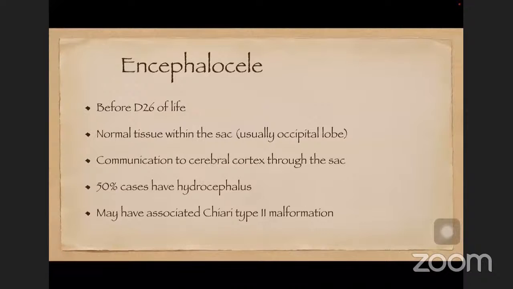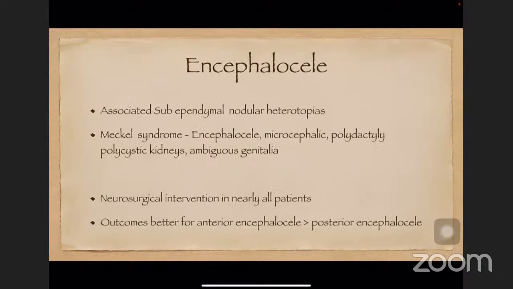Normal tissue, usually the occipital lobe, is present within the sac. There is communication to the cerebral cortex through the sac of whatever rudimentary tissue is there. And 50% of the cases have hydrocephalus. This anomaly can be associated with Chiari type 2 malformation. Within the brain, the cortex, you do have abnormalities. Subependymal nodular heterotopias can be seen in a spectrum of patients.